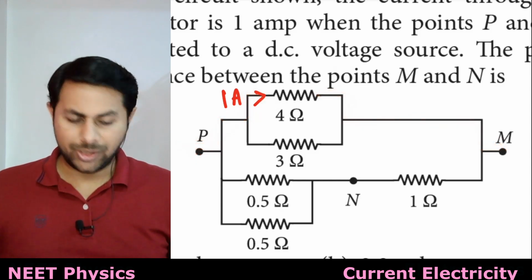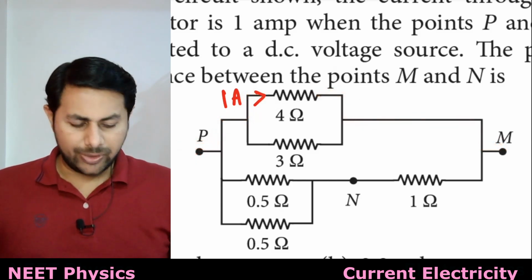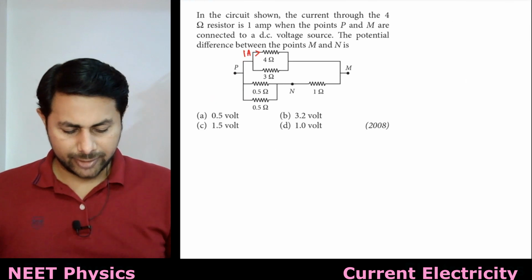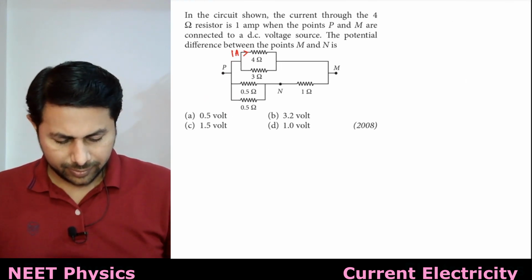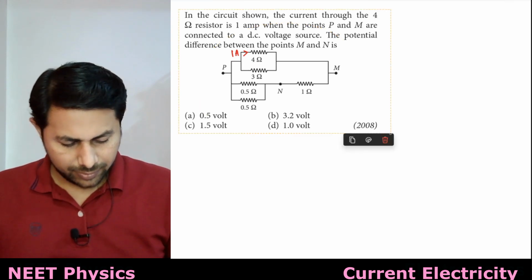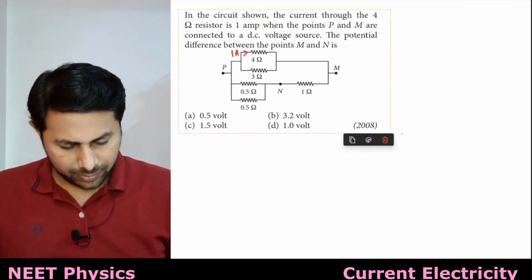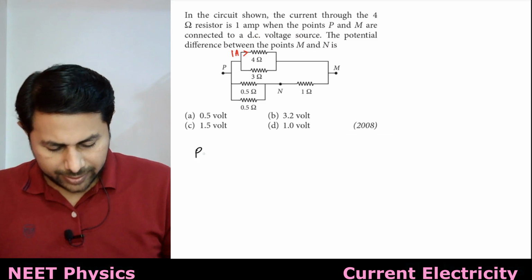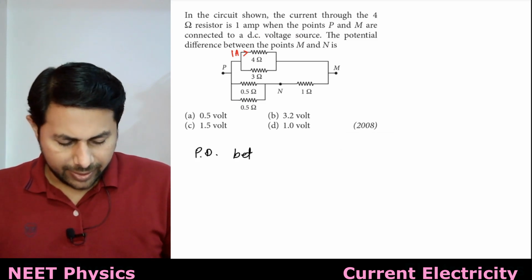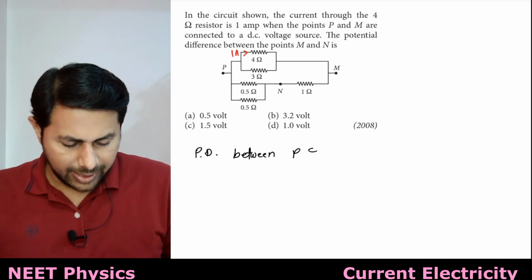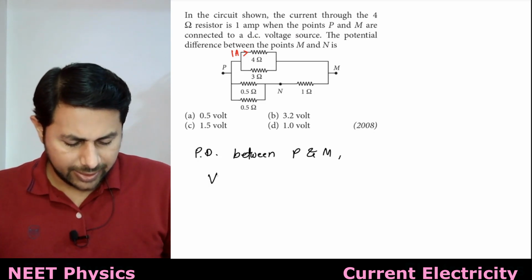So same is the potential difference across points P and M. Okay, so I can say potential difference, PD between P and M, what's that?